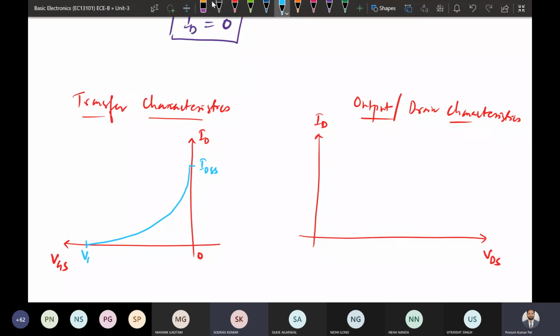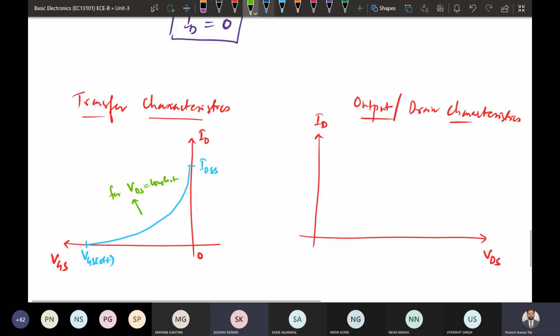This point will be VGS off. This plot is for a constant VDS. This will be the transfer characteristic that we will be getting.